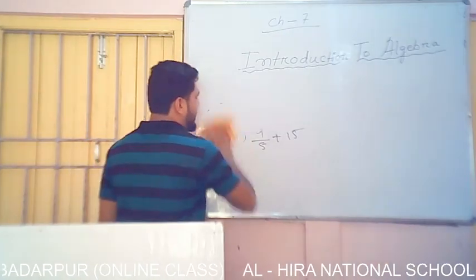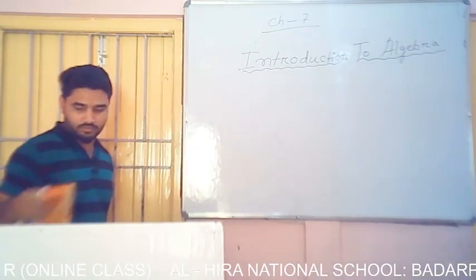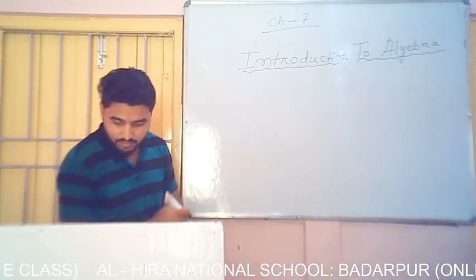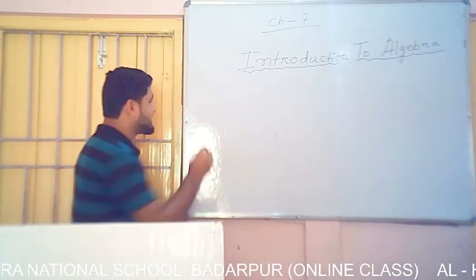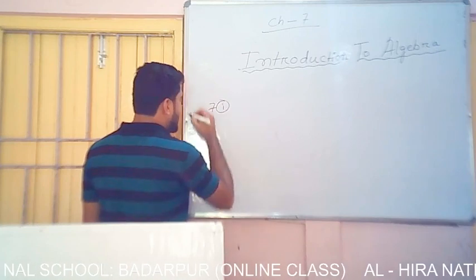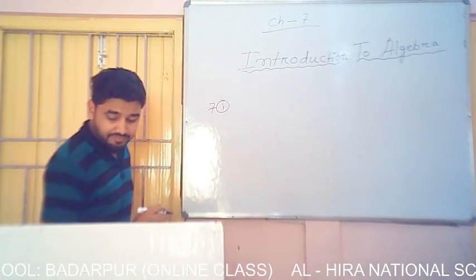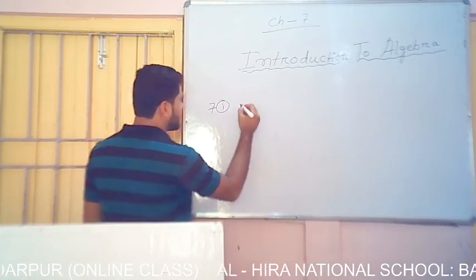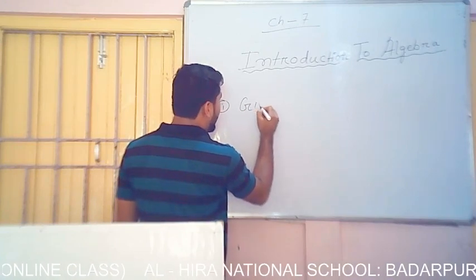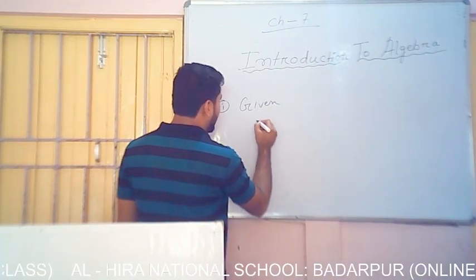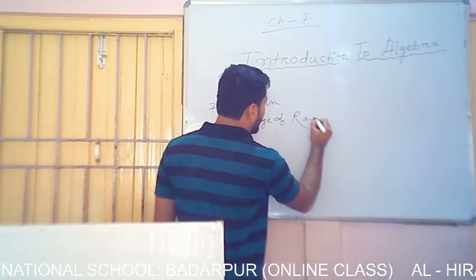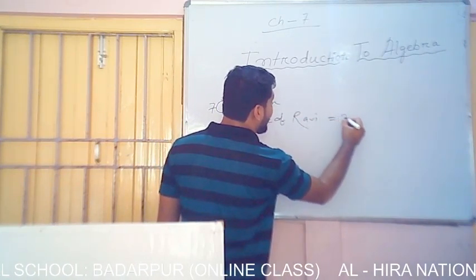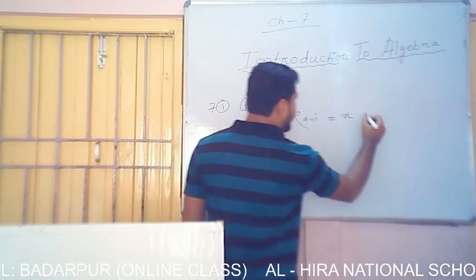So let us write. Number 7, it is given. Age of Ravi equals x years.